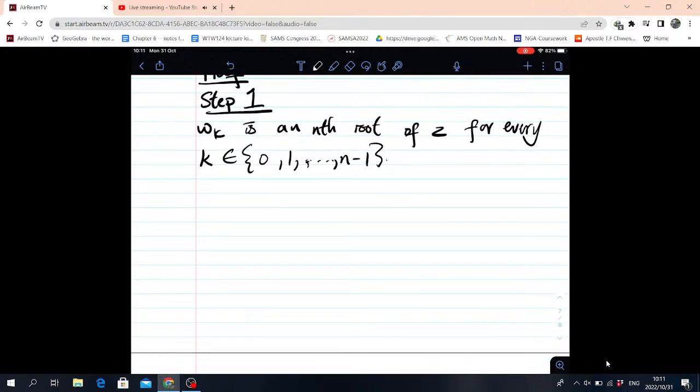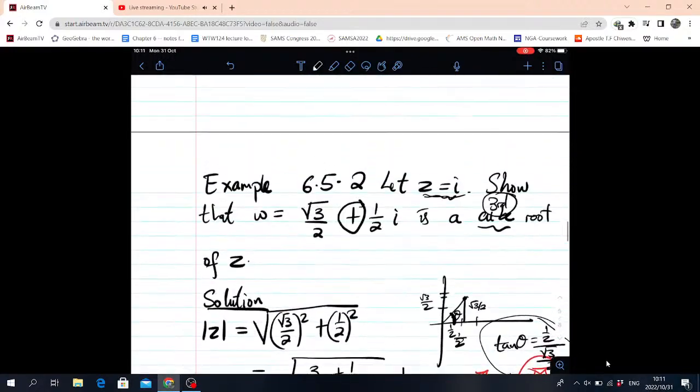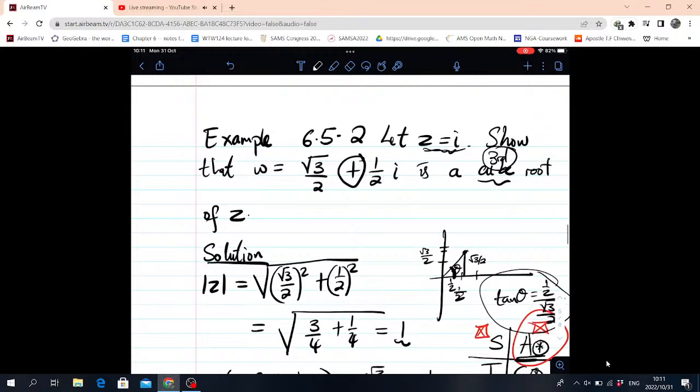Basically what we are trying to say is all of the ones that we are given work. If you find Wk to the n, you should be able to get Z. That's the first thing, just checking using the definition. If you remember what we did in this question, where we had to show that this complex number is a cube root of Z, we just had to find W to the 3, and then we see that it's going to give us I. So that's the first step.